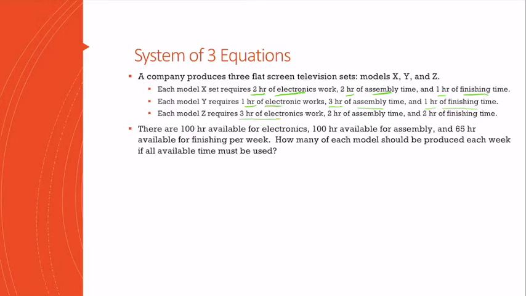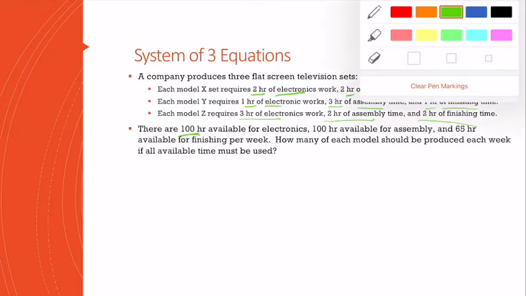Model Z requires 3 hours of electronics work, 2 hours of assembly, and 2 hours of finishing time. There are 100 hours available for electronics, 100 hours available for assembly, and 65 hours available for finishing per week. How many of each model should be produced each week if all available time must be used?